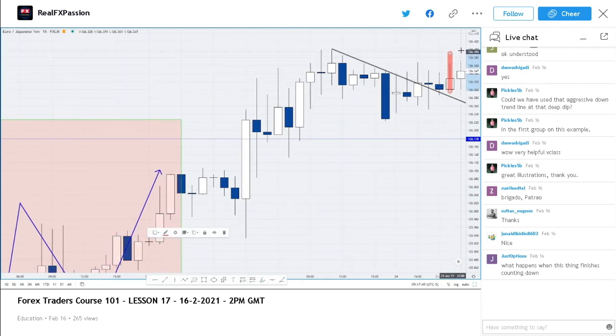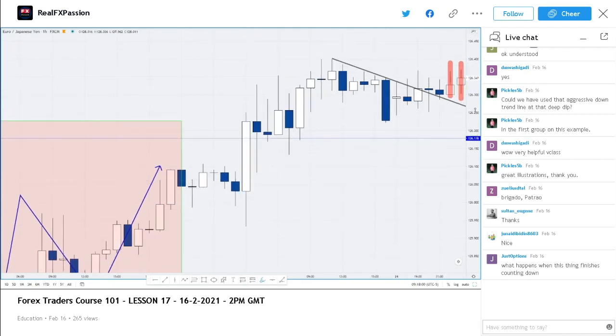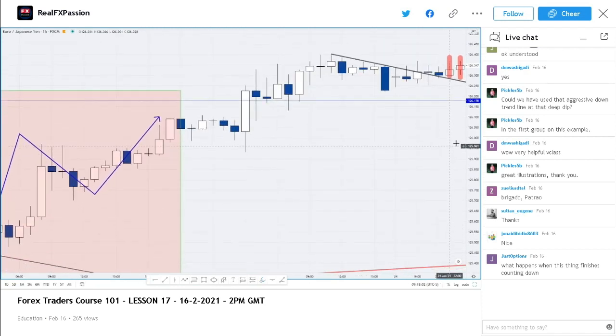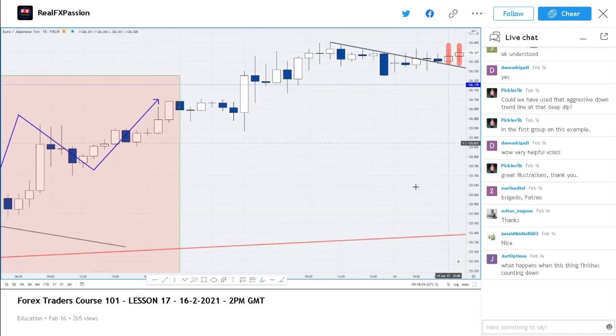This one or this one is our entry. Not those, because those are doji and decision candles. So this is our entry, everybody. And remember, our stop loss goes below the trend line. Okay, this is the stop loss level.